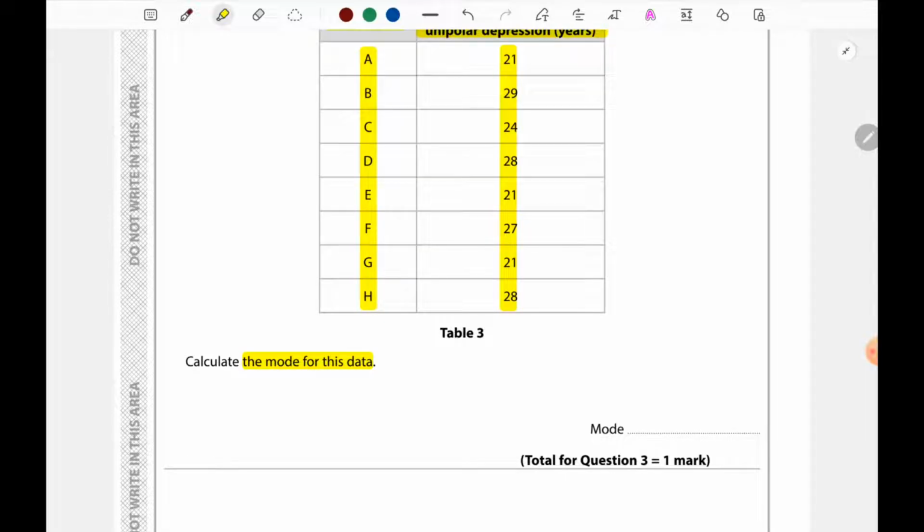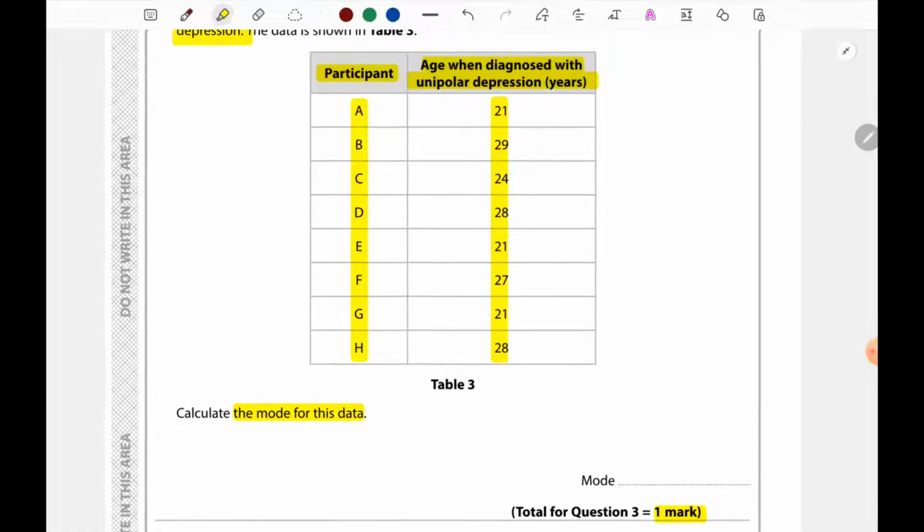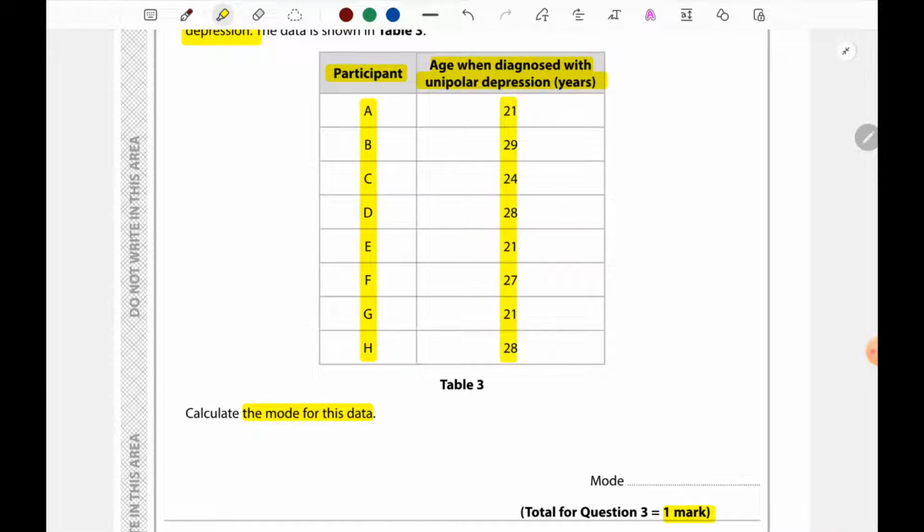Okay, mode question is for 1 mark. The reason being there's not much calculation to show in the mode. Because mode is based on counting, it is not based on calculation. One possibility is you can list out all the unique scores: 21, 24, 27, 28, 29, and keep writing the frequency on the right side.